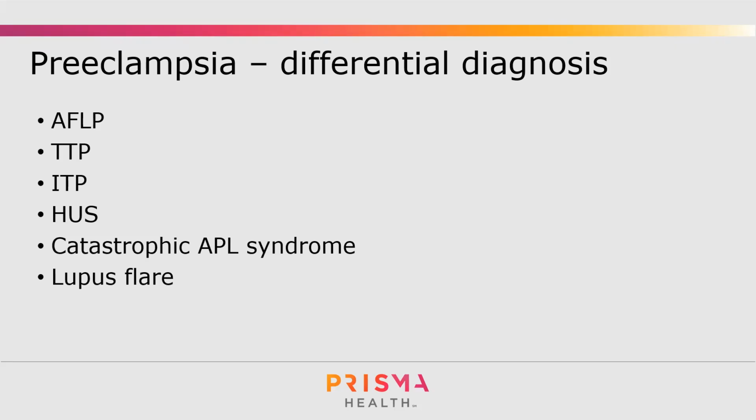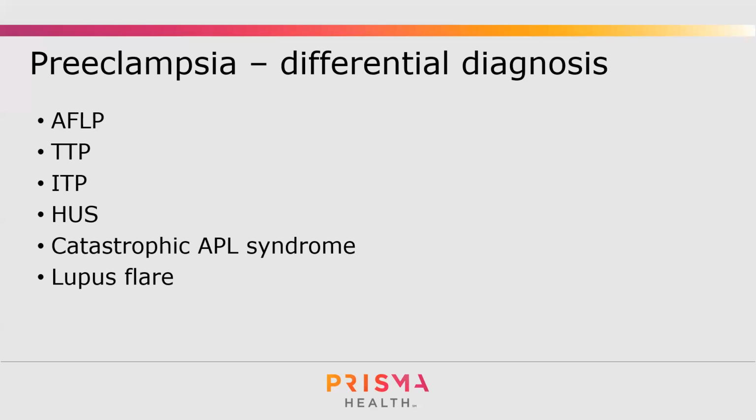So the differential diagnosis for preeclampsia, most of the time you're going to consider these things when a patient has signs and symptoms of preeclampsia in the period before 20 weeks gestation. And you're really going to be looking at this with patients who are showing you signs and symptoms of HELLP syndrome.